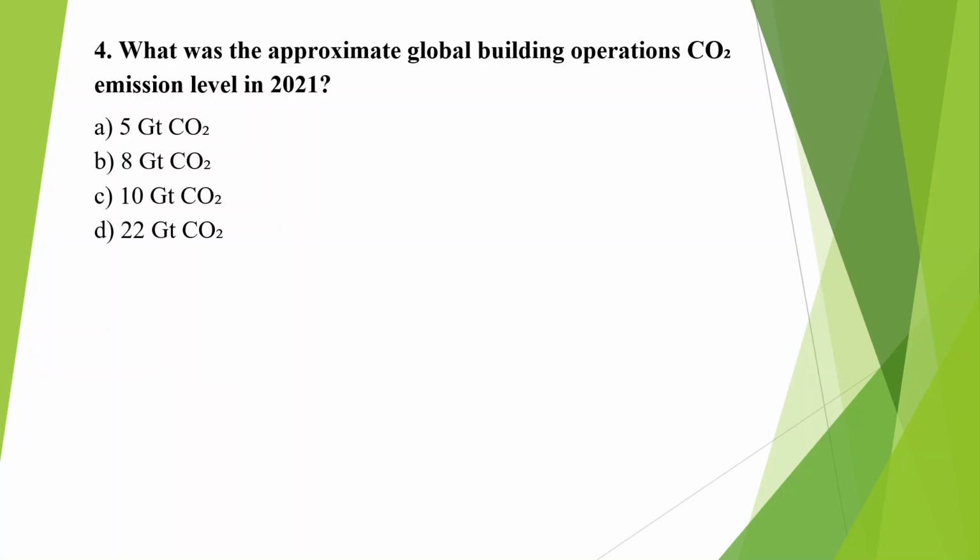It was reaching over 10 gigatons. So C is the correct answer, and it was a record high, 5% above the data of 2020 or 2% above the 2019 peaks. So it was over 10 gigatons, as mentioned in slide 5 of lecture 3.